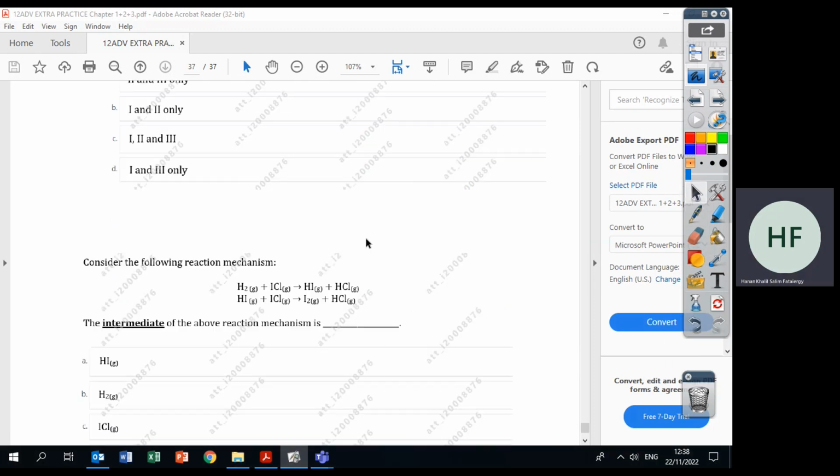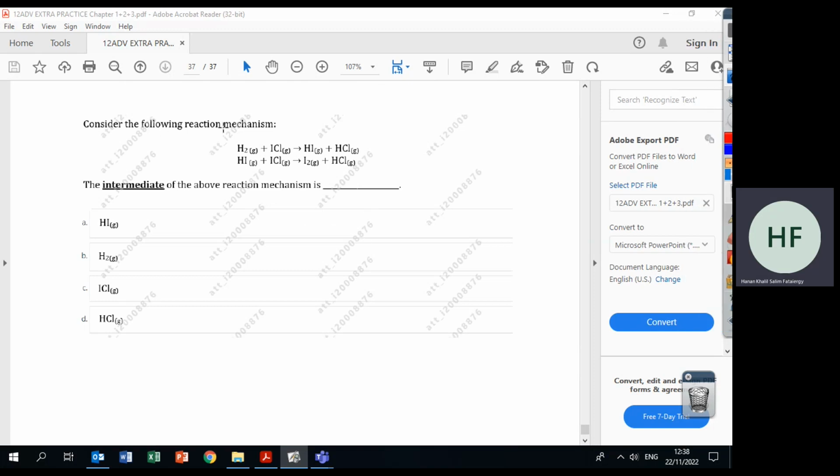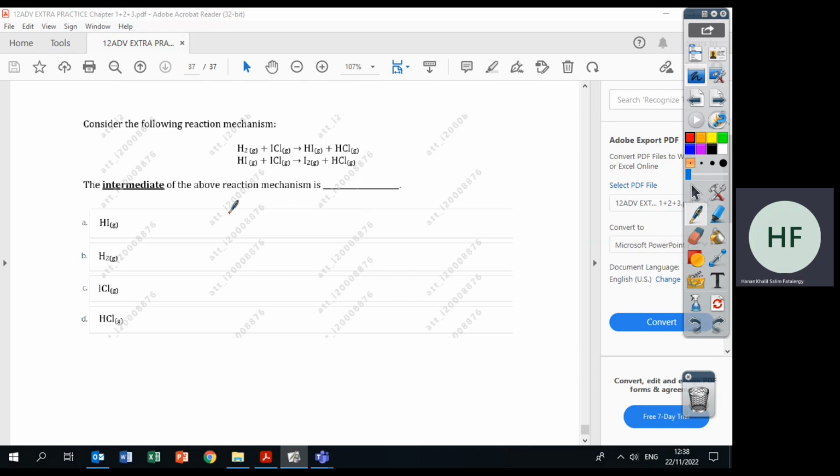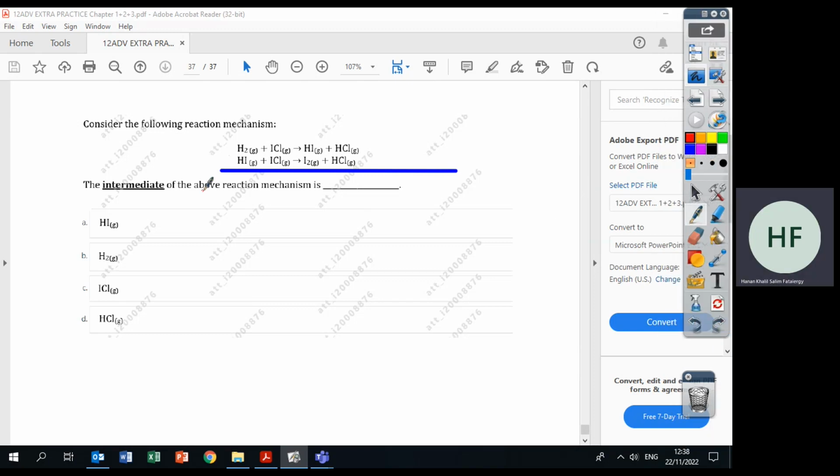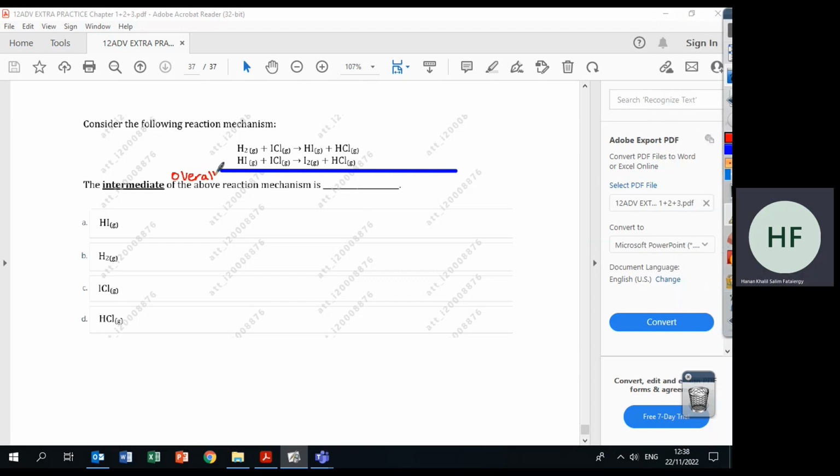Now the last question. You have a reaction mechanism that takes place in 2 steps. What is the intermediate? Remember, in order to get the overall reaction, I put a line and then I add to get the overall. Before we add, we should cancel. Okay, I will cancel HI with HI.